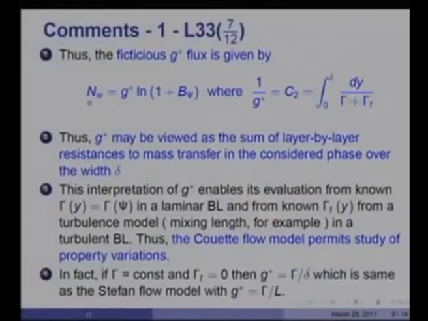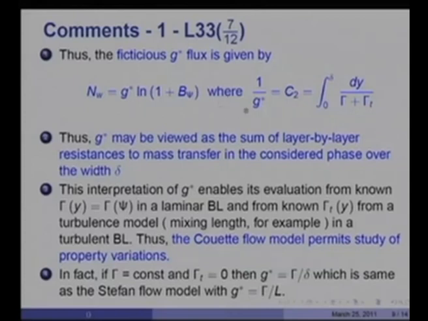This is a very important result. Thus, the fictitious g star flux is now given by N w equals g star ln 1 plus b psi, where 1 over g star is equal to C 2, which is equal to the integral from 0 to delta of dy over gamma plus gamma t.